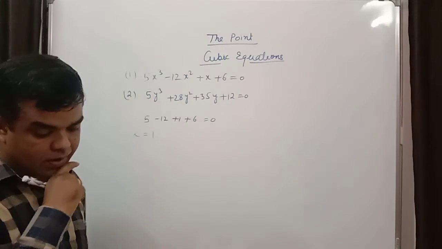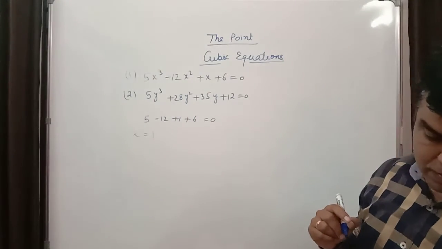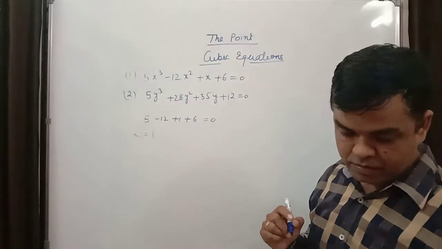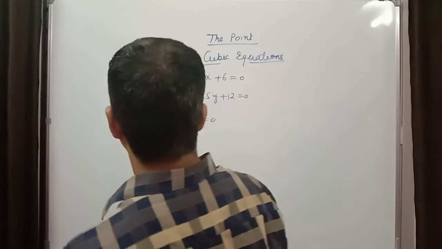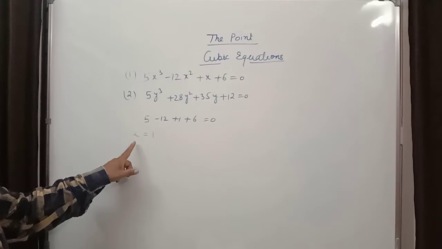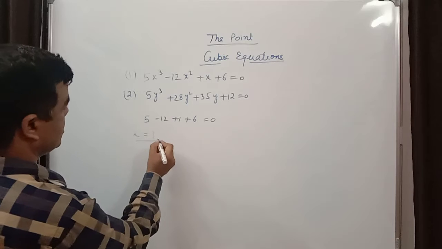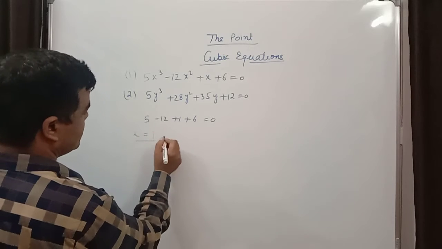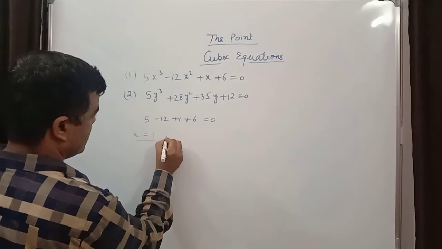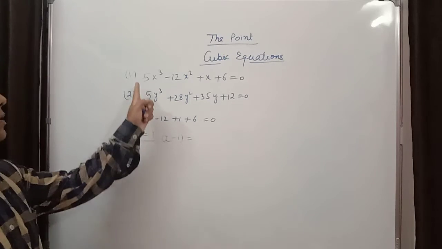Okay, so now, correct na? So x minus 1 will be one factor of this equation.